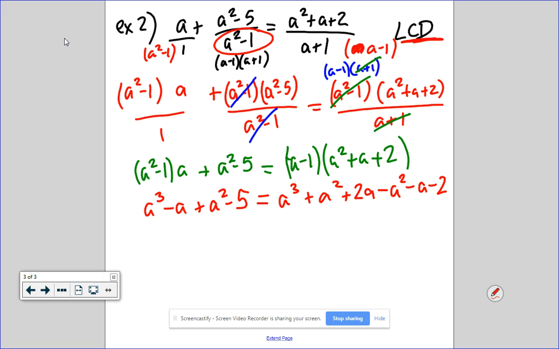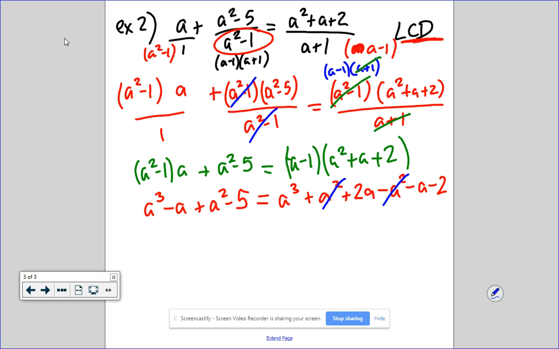Then combine. Now, we're going to look and see left and right side if there's anything I can cancel before I start moving stuff around. You can cancel positive a squared, negative a squared.